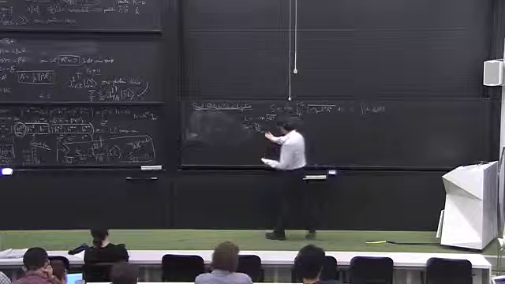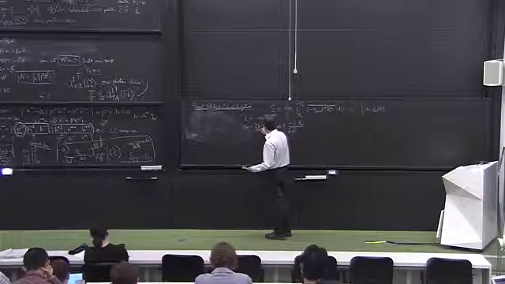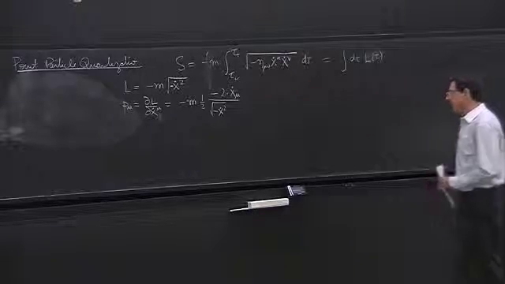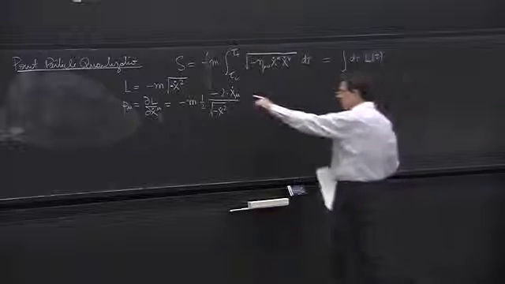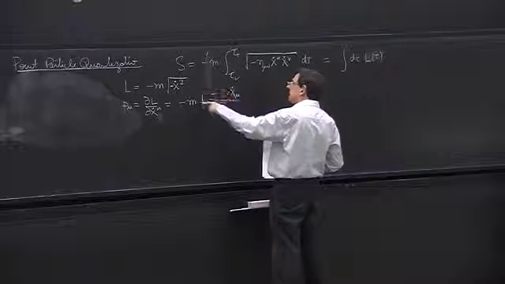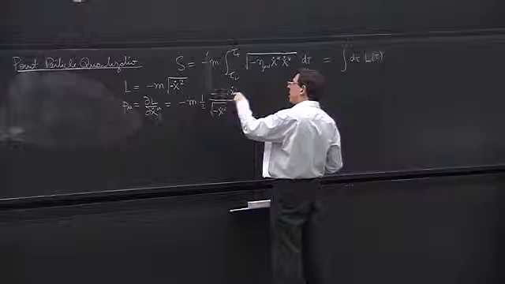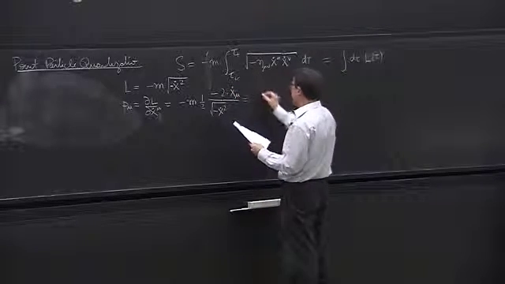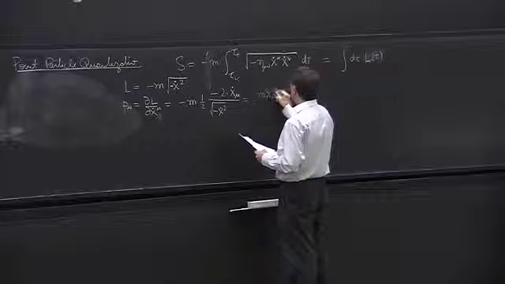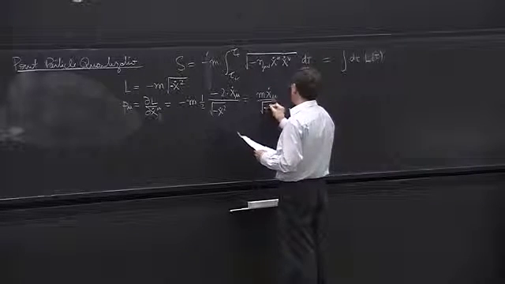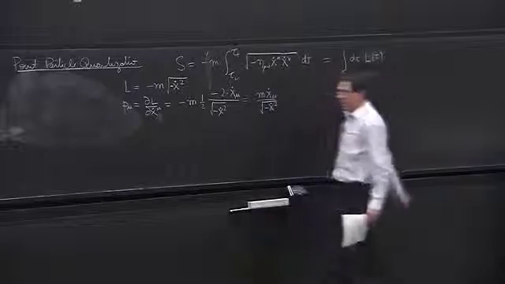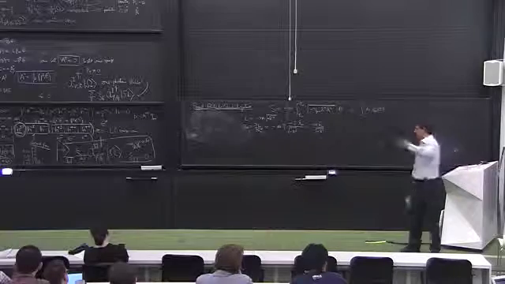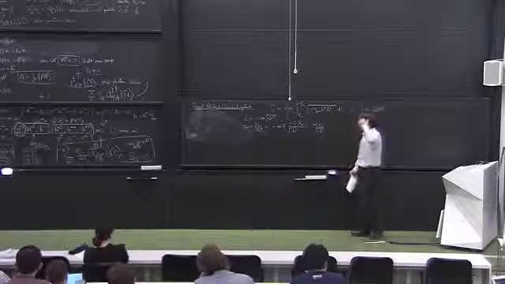I'm sorry, here I should put x mu up. P mu with index down comes with this derivative x mu up. And then if I take the derivative, I get the square root, minus 2 times x mu down here. So I cancel all these factors, and I got m x mu dot over square root of minus x dot squared.